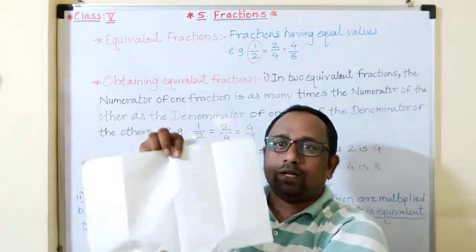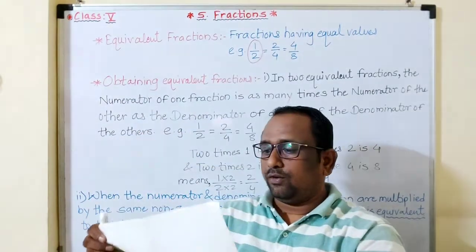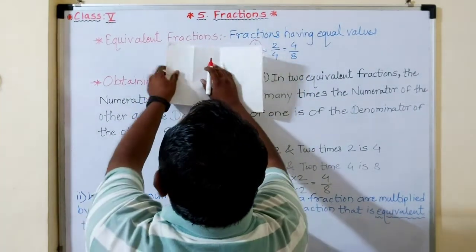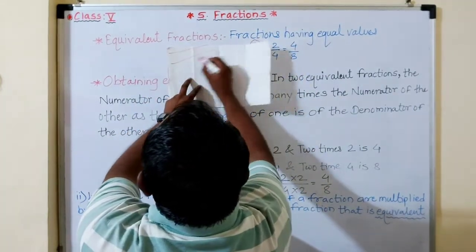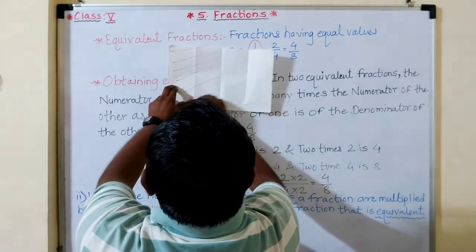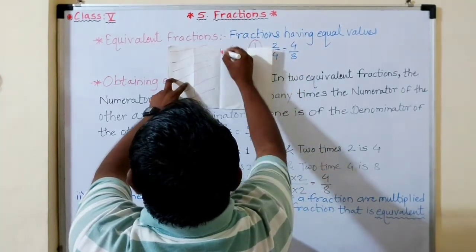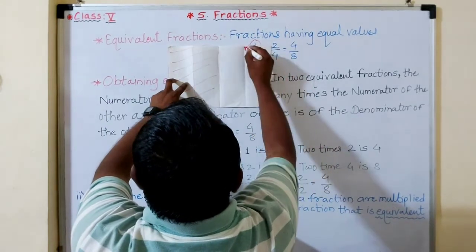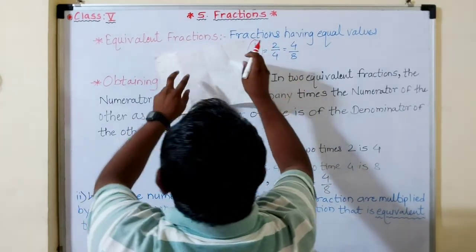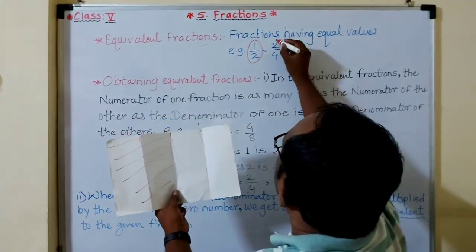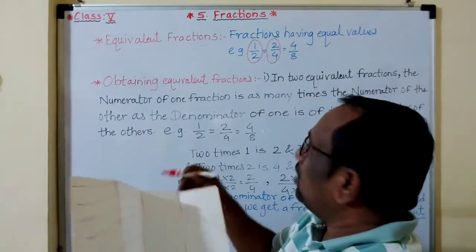So 4 parts. Out of these 4, if I shade these 2, this is one part, 2 parts, this 3 and this is 4. If I shade, then we can write out of 4 parts, 2 parts are shaded. So we can write the fraction 2 upon 4.